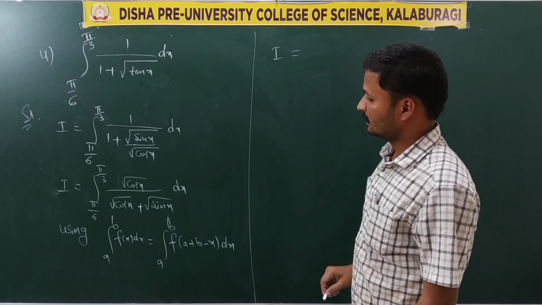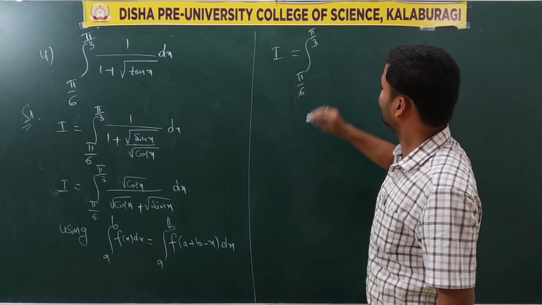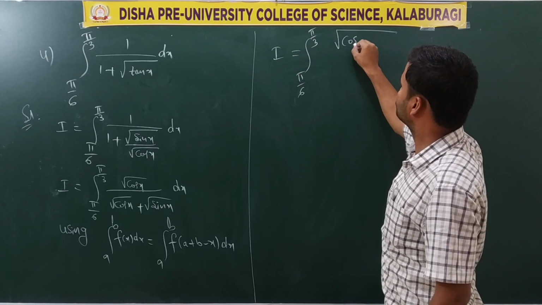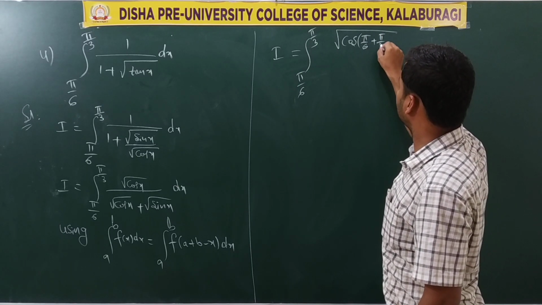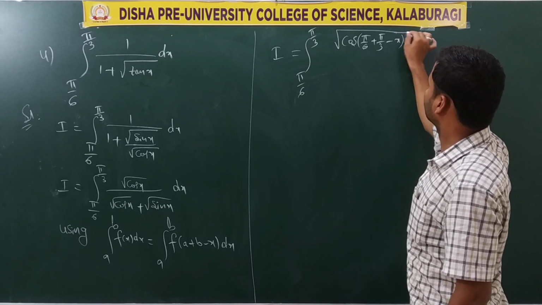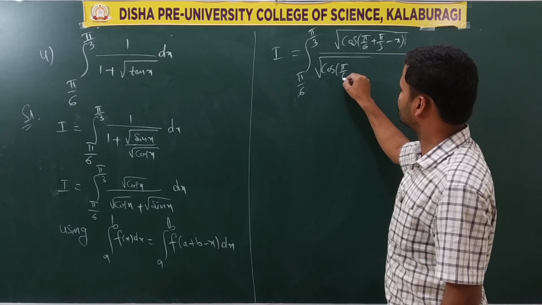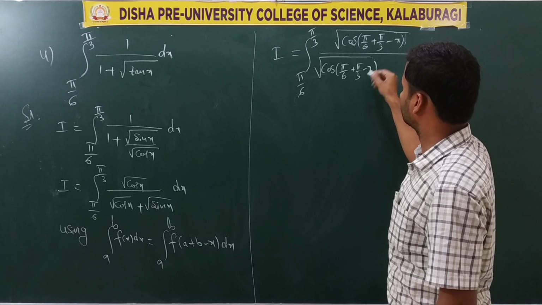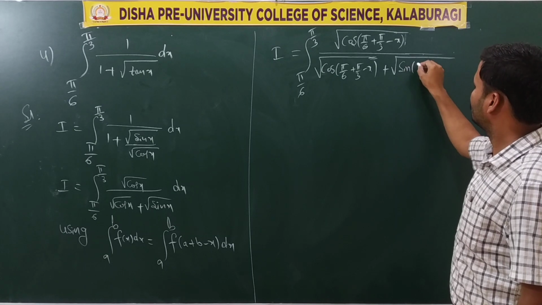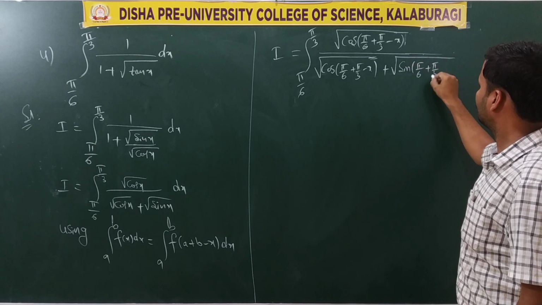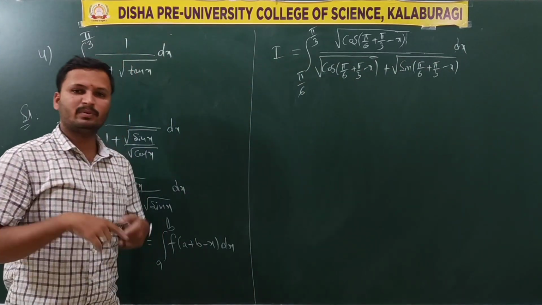Now the integral I can be written as pi by 6 to pi by 3 of square root of cos of, in place of x, a plus b, that is pi by 6 plus pi by 3 minus x, whole divided by square root of cos of pi by 6 plus pi by 3 minus x plus square root of sin of pi by 6 plus pi by 3 minus x, into dx. Just x is replaced by a plus b minus x.